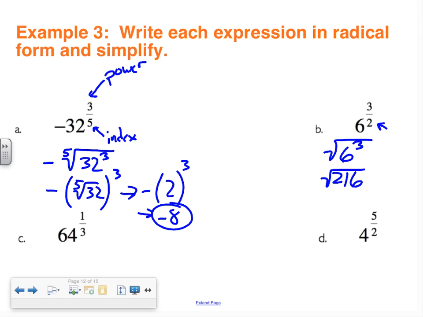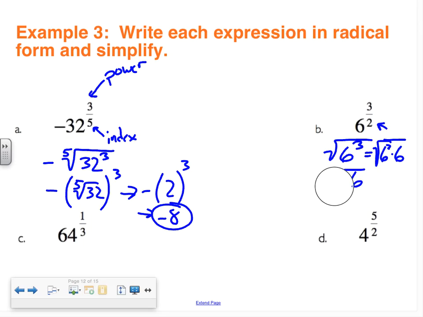This is 6 cubed. So if I divide by 6, it's going to work. Or if I divide by 36, it's going to work. So I could have rewritten this thing as the square root of 6 squared times 6. Right? I could have done that because 6 cubed is the same thing as 6 squared times 6.